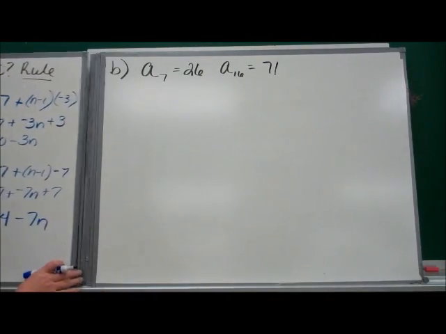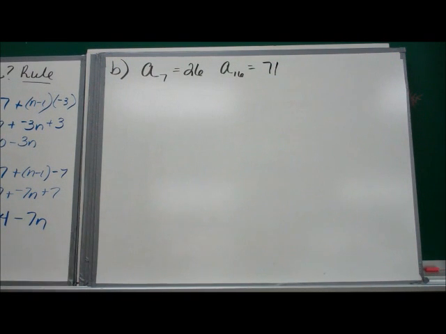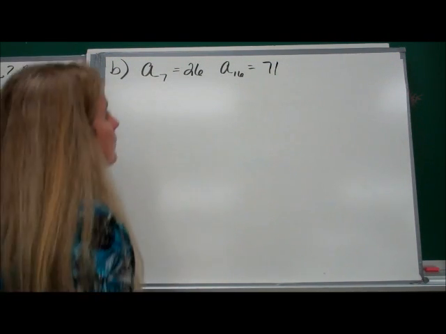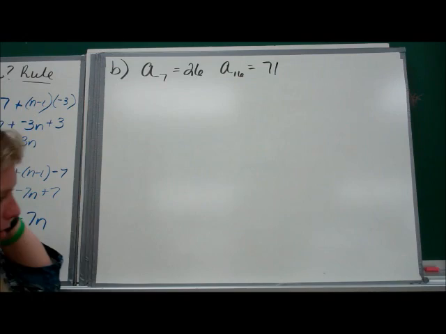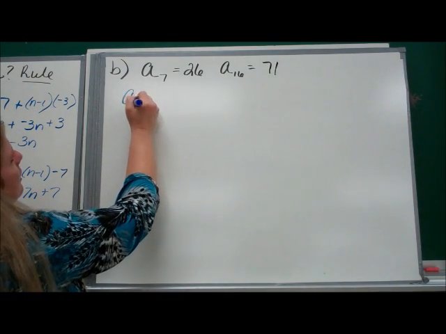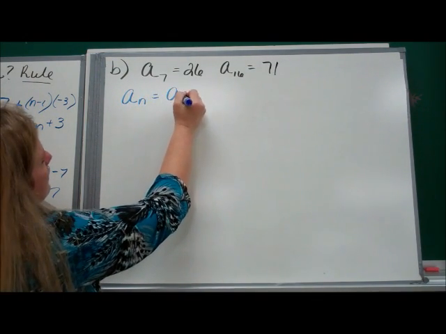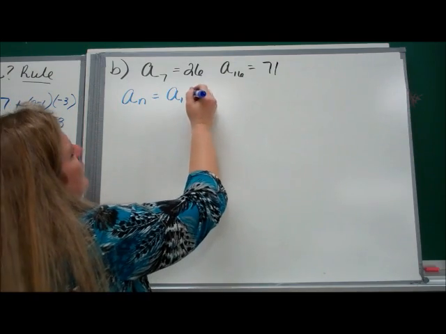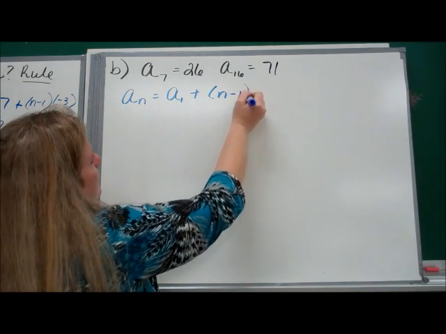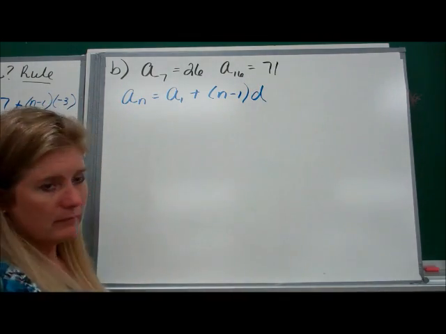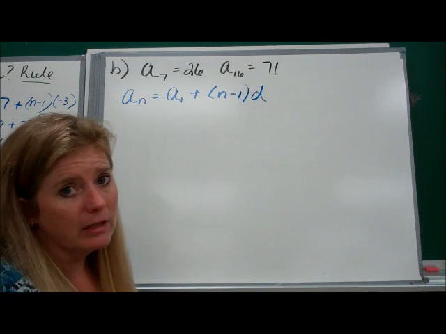What if I just give you two terms in the sequence and say write the rule? This time you don't have the common difference. But remember, we start here: a sub n equals a1 plus n minus 1 times d. We're going to write a system of equations.